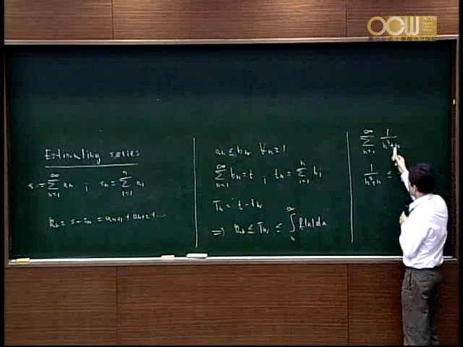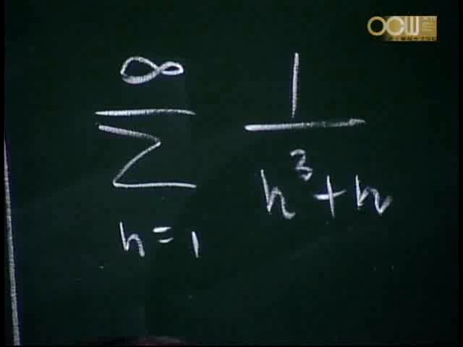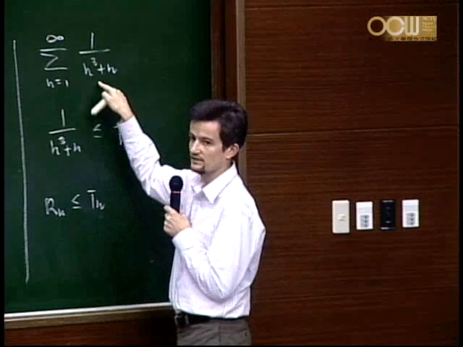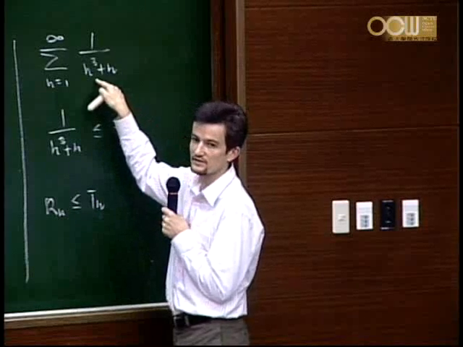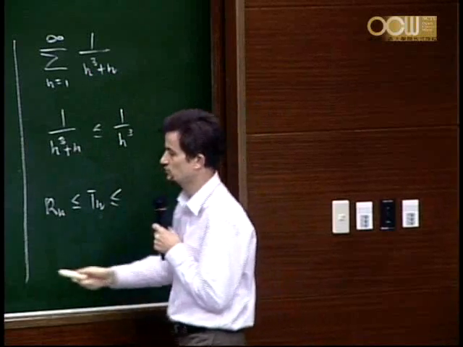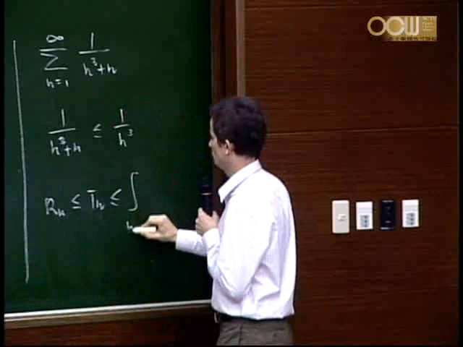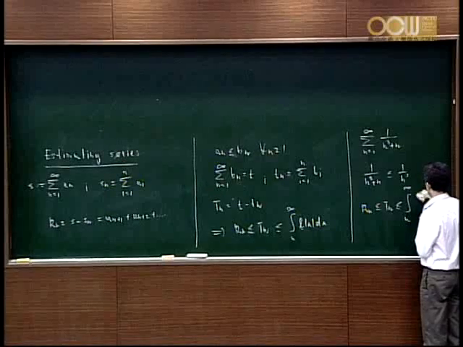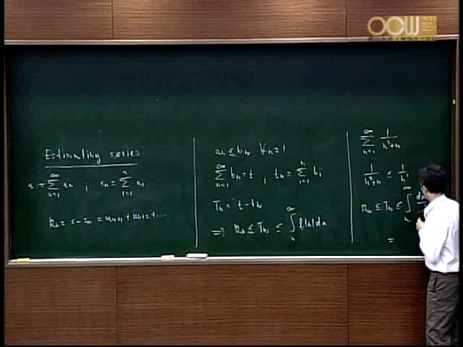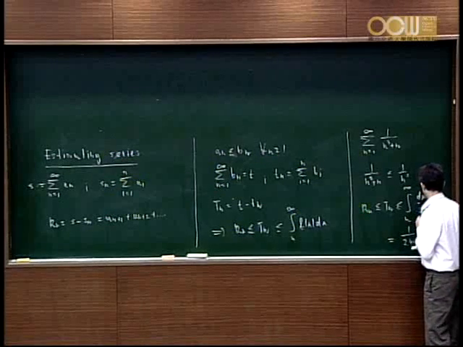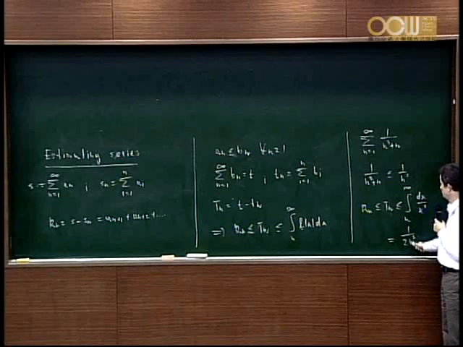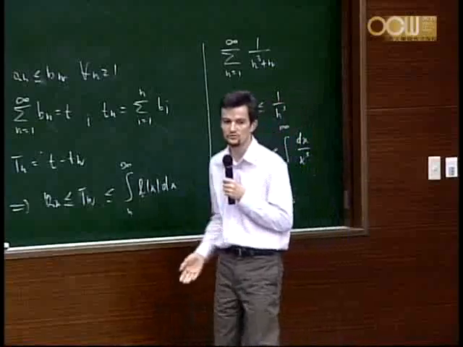So if you do approximations, then the error R_n will be smaller or equal than the error of T_n if you use the series over this sequence instead of the series of this series. Because this is a p series, you can use the integral approximation. So this will be smaller or equal than the integral from n to infinity dx over x cubed. This you can compute in this case, it is 1 over 2n squared. From this you will know how large you should choose the n such that the R_n is precise up to a certain precision.